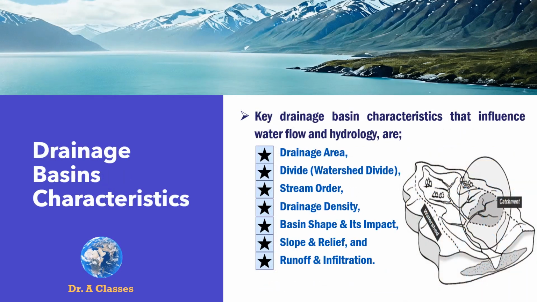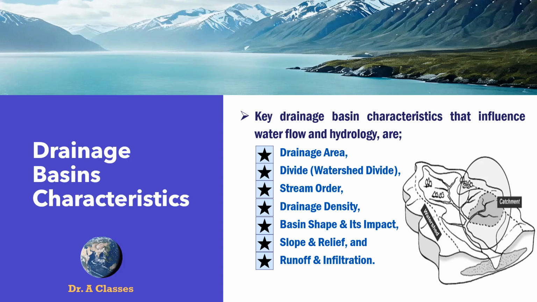Drainage basin characteristics. Key drainage basin characteristics that influence water flow and hydrology are drainage area, divide, that is watershed divide, stream order, drainage density, basin shape and its impact, slope and relief, and runoff and infiltration.